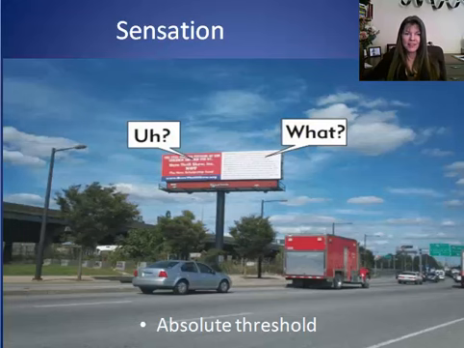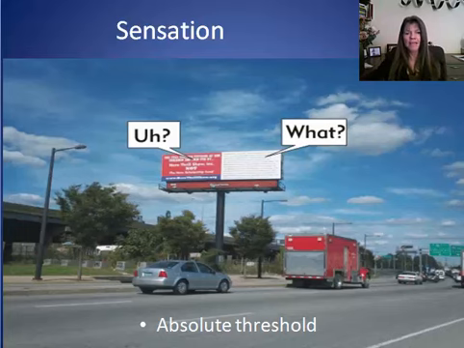Now we're ready to look at the process of sensation. So in order for an advertisement of any kind to be sensed, it must meet the potential consumer's absolute thresholds. If we're talking vision, like for instance with a billboard, or if we're talking a radio ad, we're talking auditory.